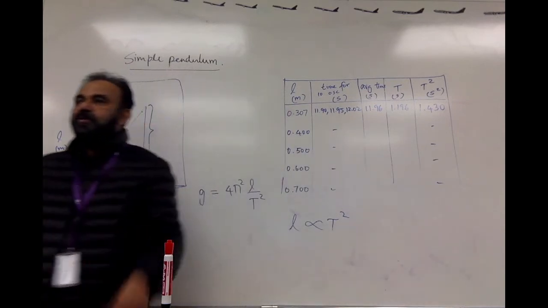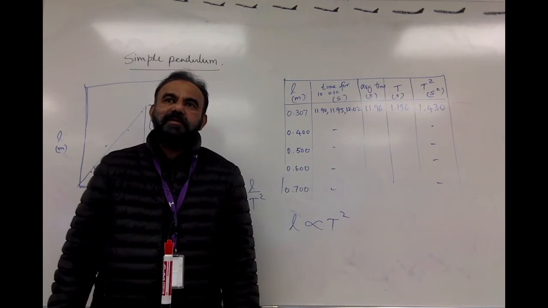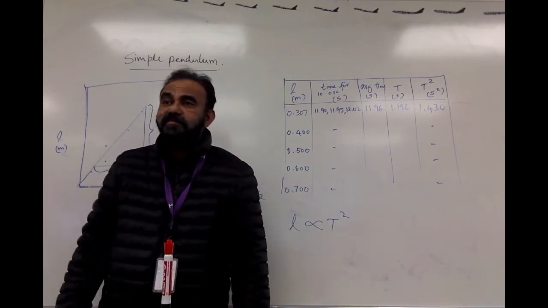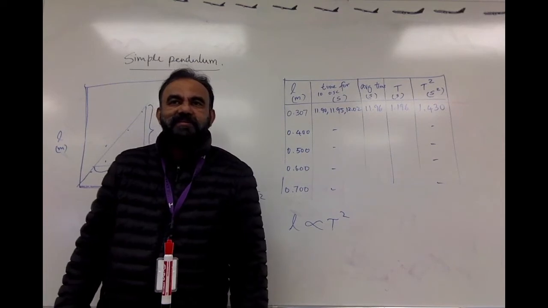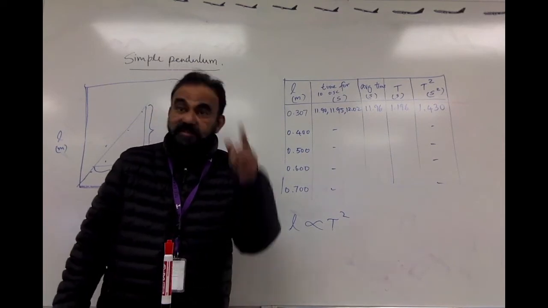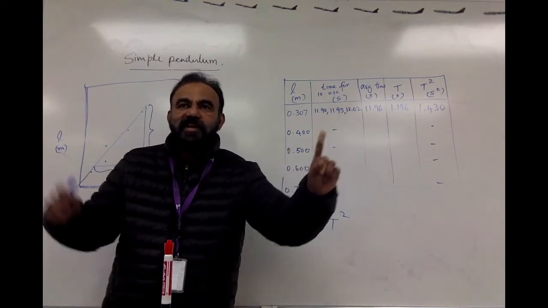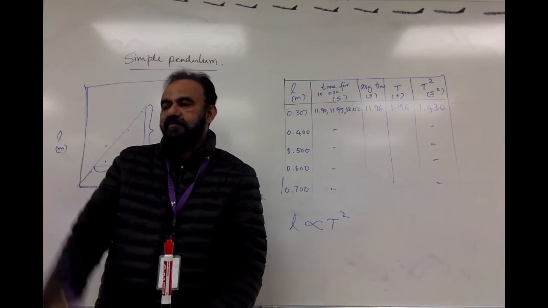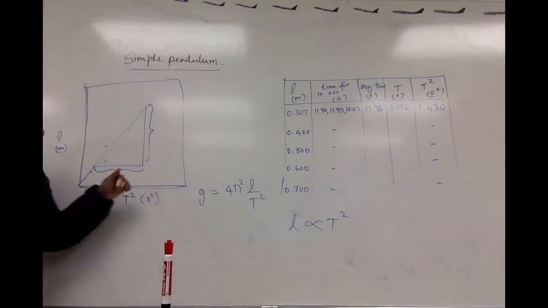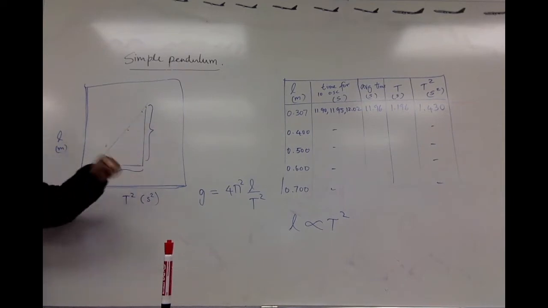Now I come tomorrow and stand on the same scale. It shows 181. Is that my real weight? No, that's also wrong. But how much did I gain? 1 pound. Is that correct? Yes. So both the readings are wrong, but the change is correct. So the same thing here. This length is wrong, but the change in length is correct.